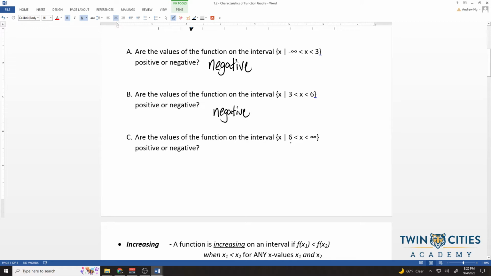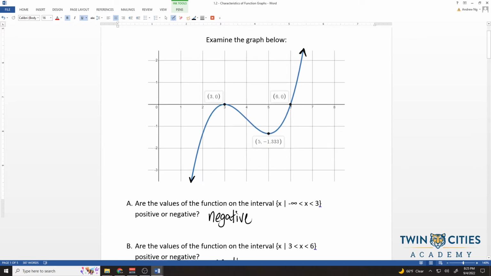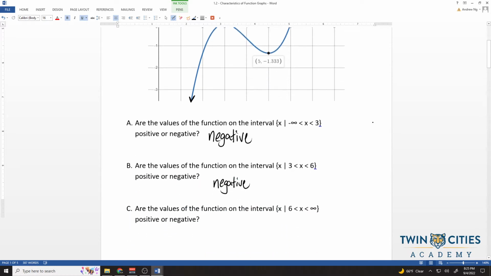Okay, what about from 6 to infinity? Let's take a look again. From 6 to x is positive infinity, so we're going way out here. It looks like we'd be going up. All of these are going to be positive.